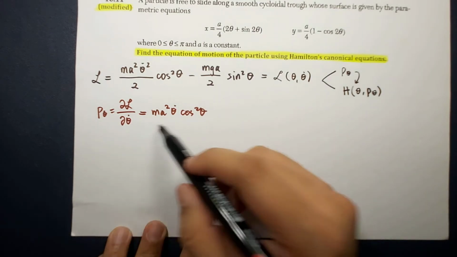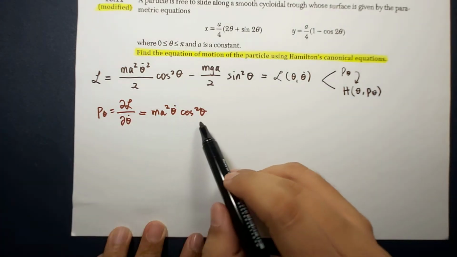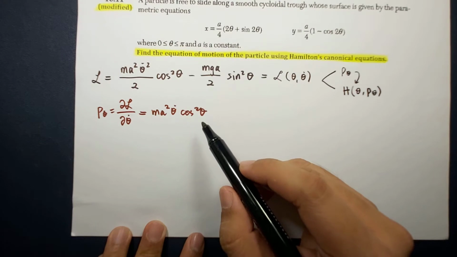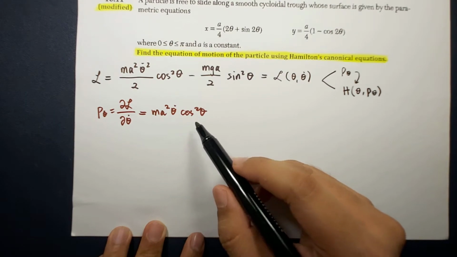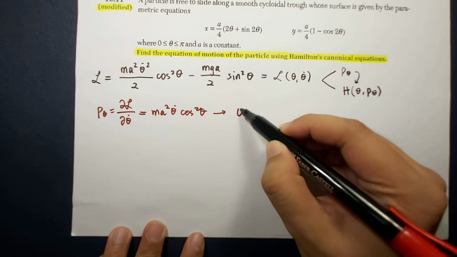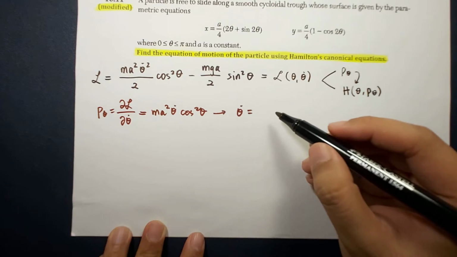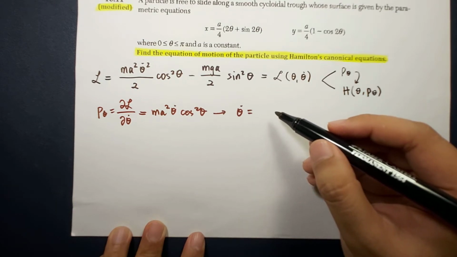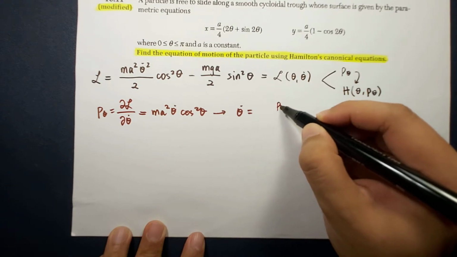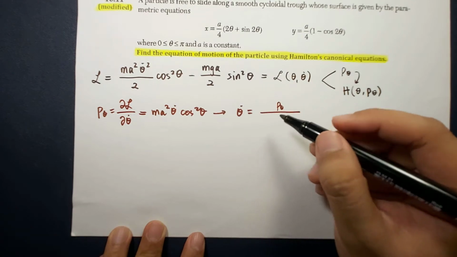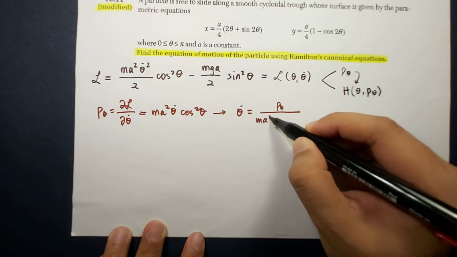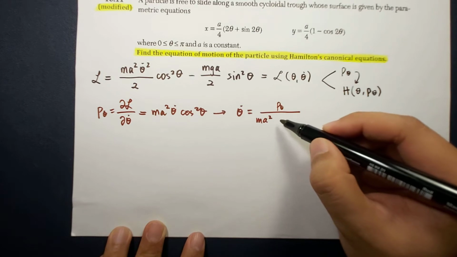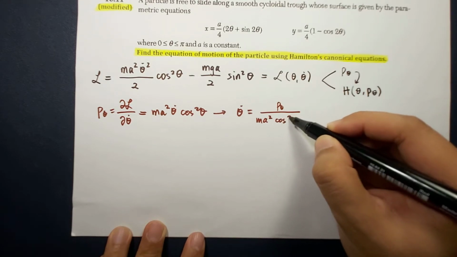From here, we can substitute theta dot in terms of p theta. So theta dot is p theta divided by m a squared cosine squared theta.